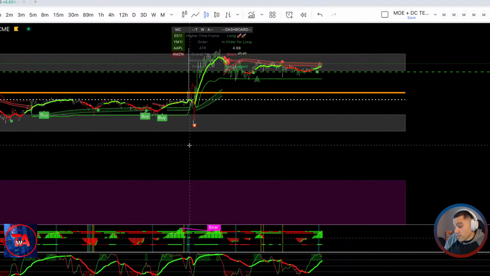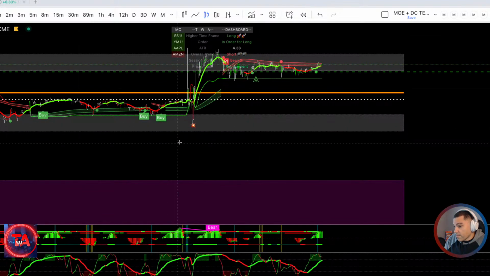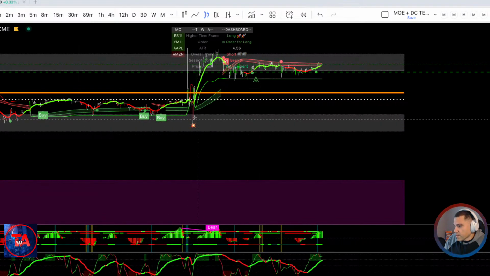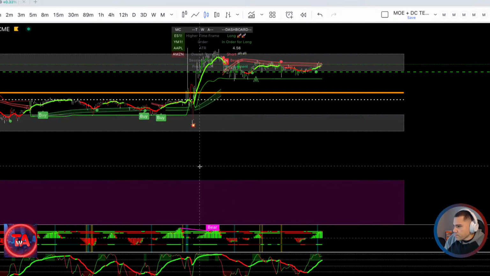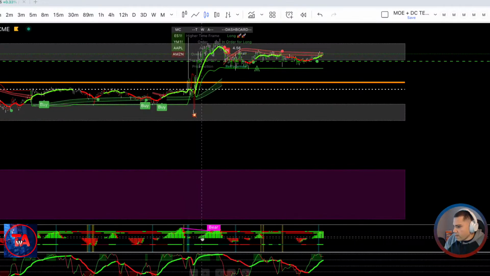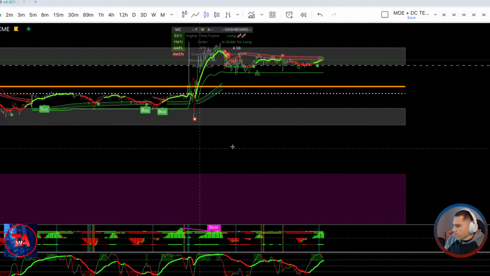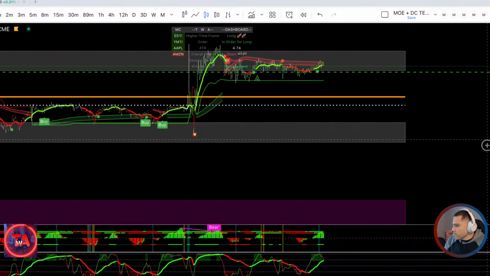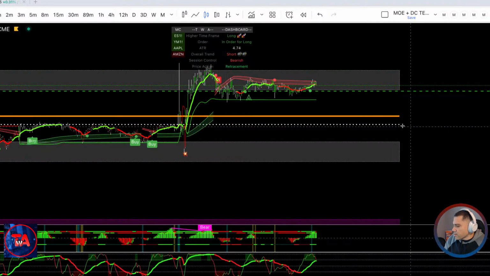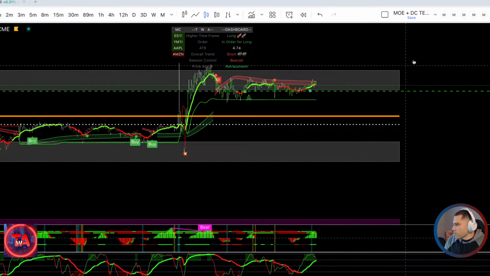That's a strong sign. That means keep an eye out. Something has changed, right? And then down here is the surge. It's a great way to read volume. And then you have the pullback. So very minimal and simple chart to help you on your trading journey.